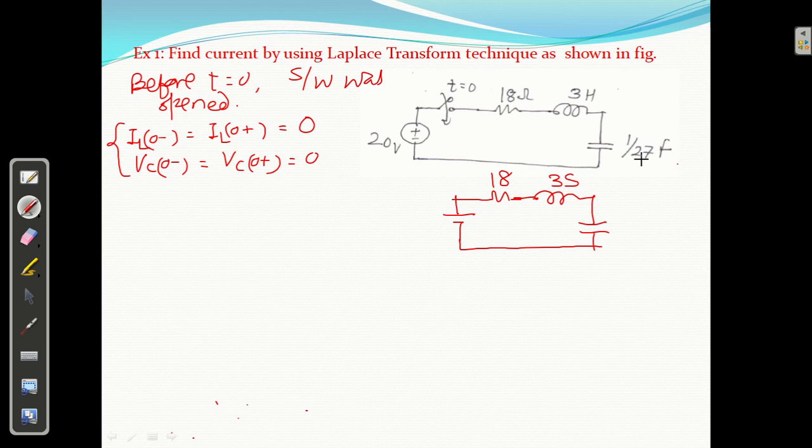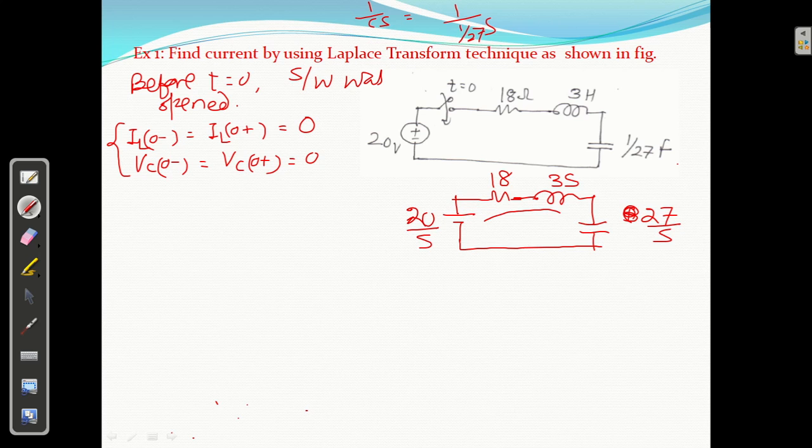And C will be represented by 1 upon CS. 1 upon CS, with C equal to 1 by 27, is 27 by S. And the voltage V will be represented by V by S.